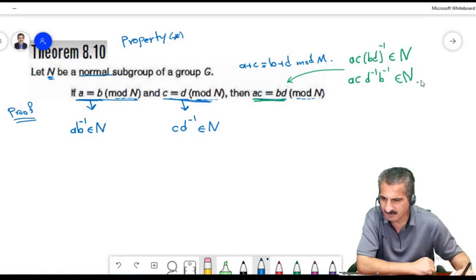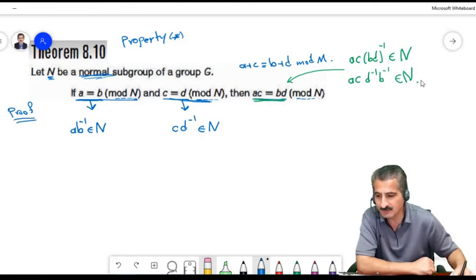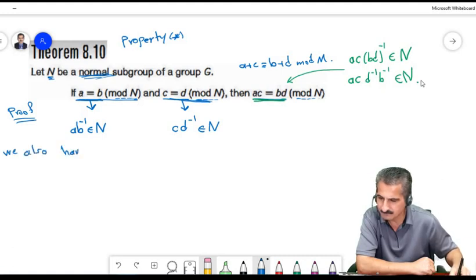And remember, we need to use that N is a normal subgroup. So we also have that N is normal.